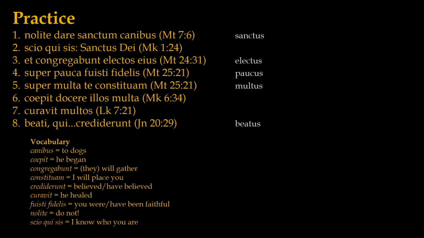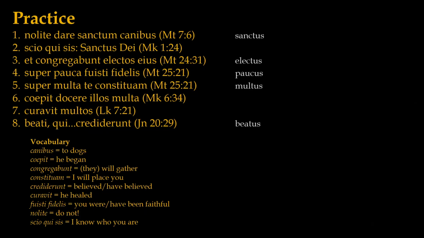Literal translation is something like don't give the sacred thing, don't give what is sacred to the dogs, right? And so sanctus meaning holy. And so sanctum there is an adjective, but it's understood that it means the holy thing, the holy object, something like that.